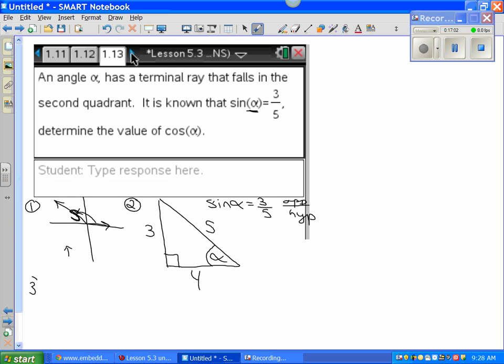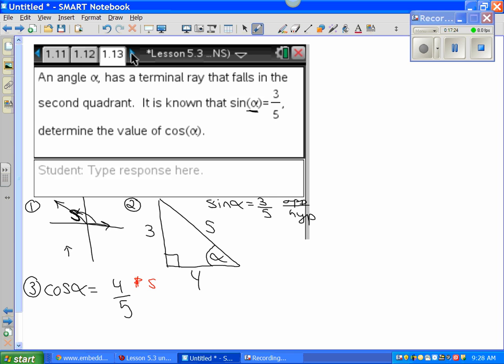Third step, we want to know what cosine of alpha is. Well, do we know the ratio for cosine? What is it? Adjacent over hypotenuse. Good. What's adjacent? Yep. So what is it? 4. And what's the hypotenuse? 5. Now, really important step here.